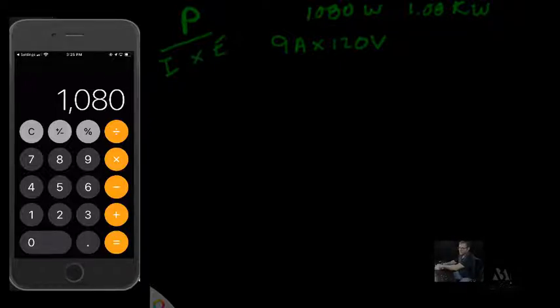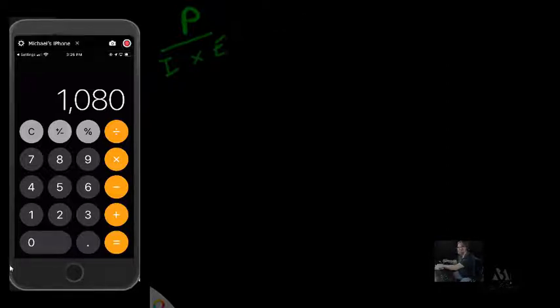Let's try another one. If we have a 1,500 watt curling iron and we've got it plugged into a 120 volt outlet, how many amps does it use? Well, now we know the power, so we'll put that on top, so it's 1,500 watts.